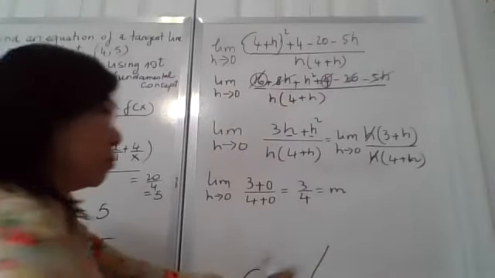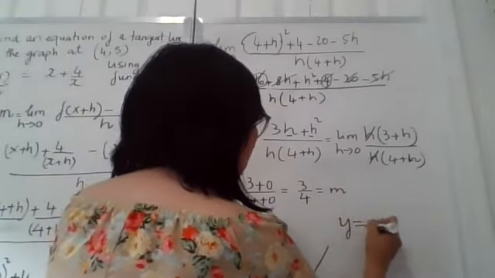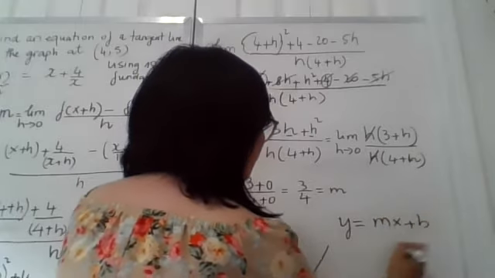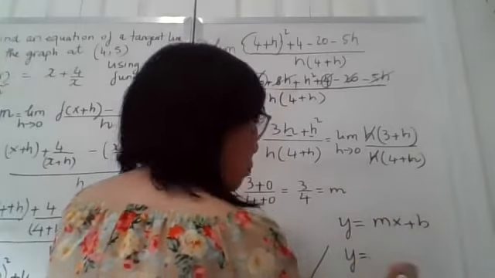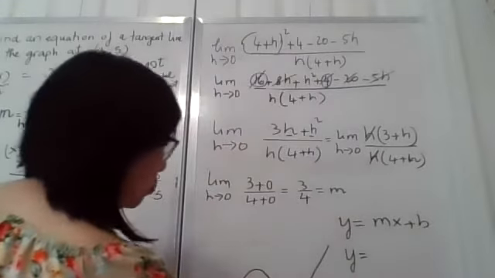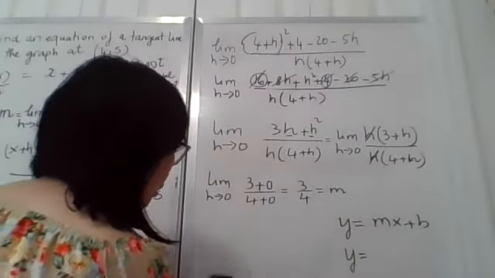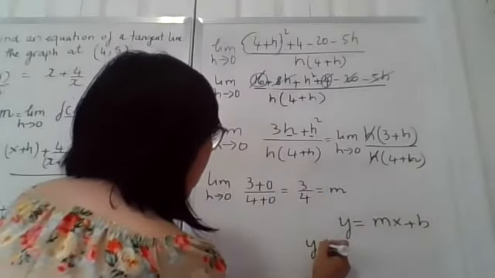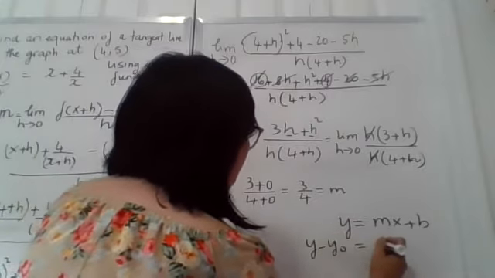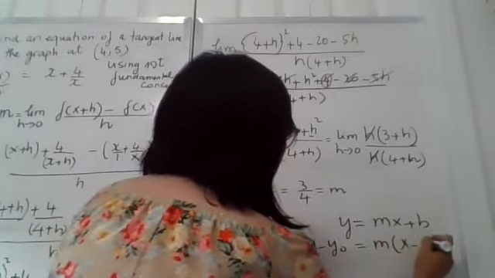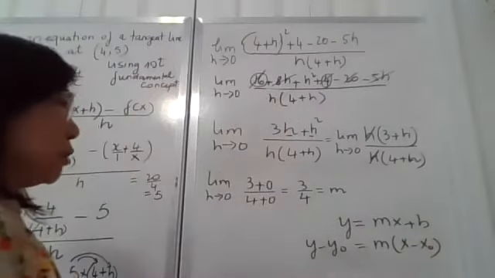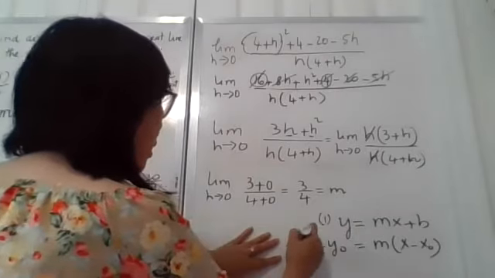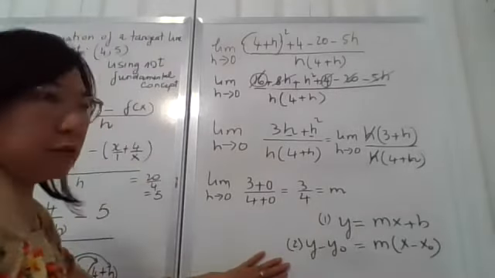Now this tangent is not a curve, it's a line, right? And any equation of a line, if you recall what you memorized, has two forms: y equals mx plus b, or another form, which is the point-slope form, which is y minus y0 equals m times (x minus x0). Now, if we want to write the equation of our tangent line, using the second one is a lot easier, right?